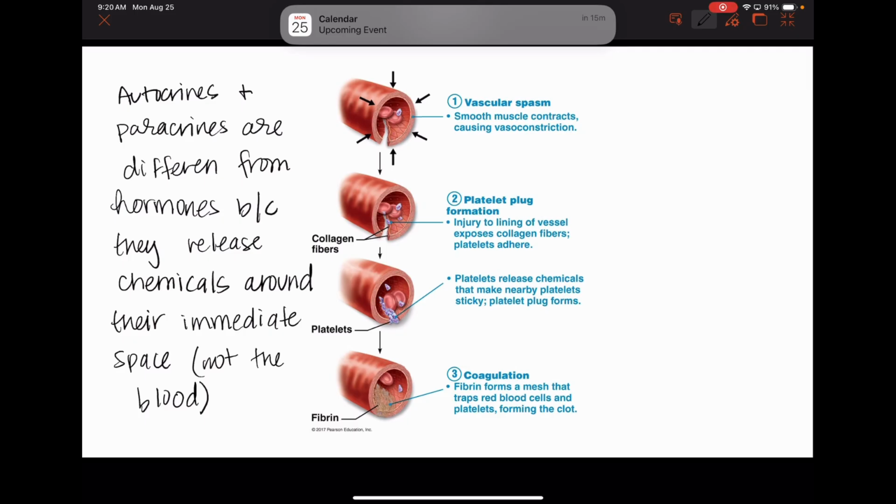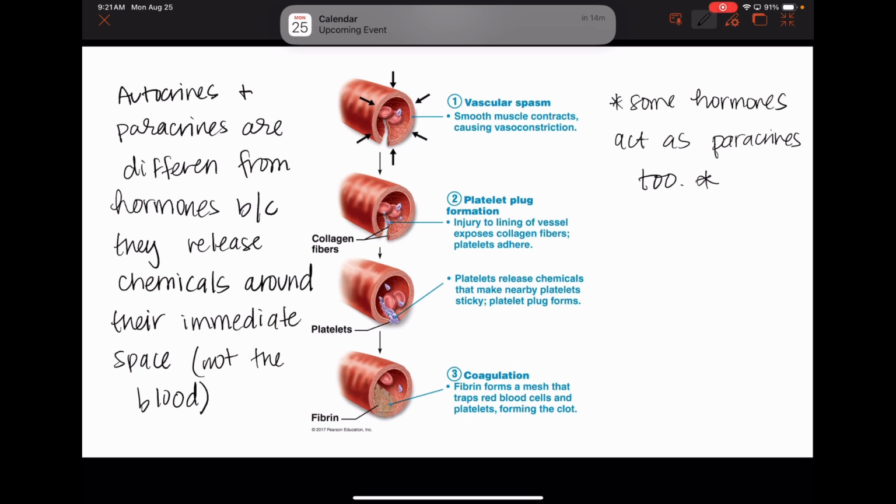One thing to remember, though, is that some hormones act as paracrines too. So, for example, our reproductive organs are ones in which hormones can act as paracrines as well.